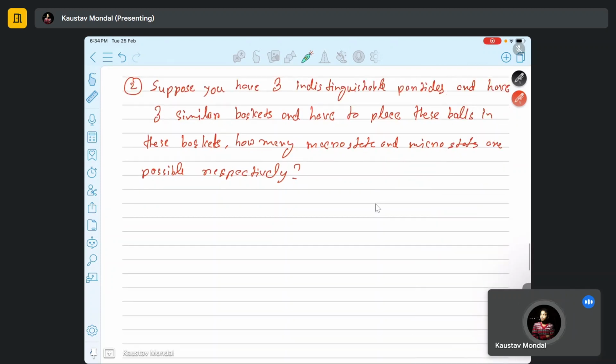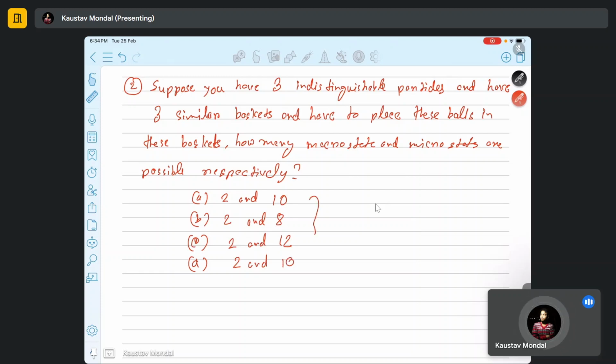The options are given. Option A is 2 and 10. Option B is 2 and 8. Option C is 2 and 12. And option D is 2 and 10.